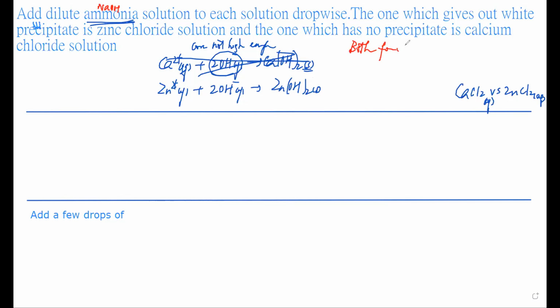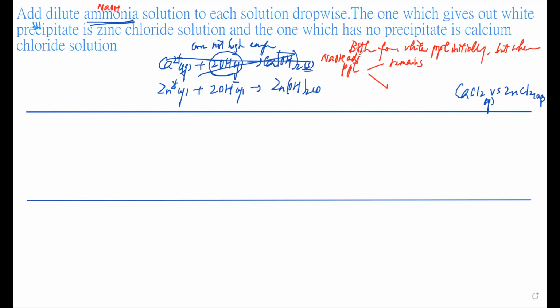Both will form the white precipitate initially. Okay, but the precipitates, we have got two scenarios. When NaOH is added in excess, one precipitate remains and the other precipitate redissolves.